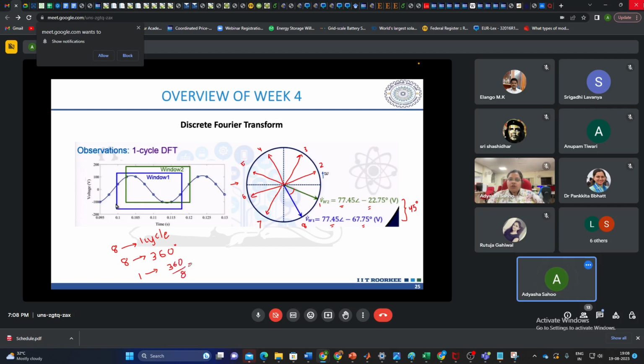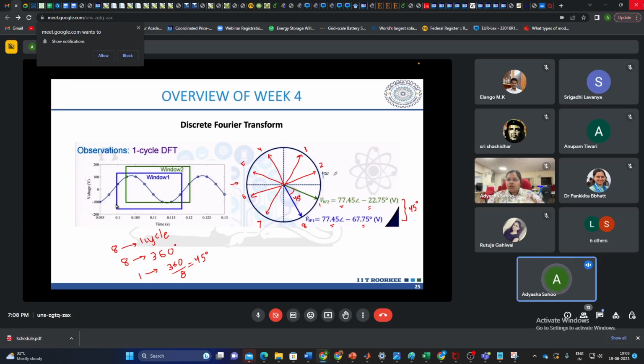If you divide 360 by 8, you'll get 45 degrees. So due to this, each phasor that we get here will have the same magnitude but will differ by an angle of 45 degrees. Basically, they are rotating anti-clockwise.